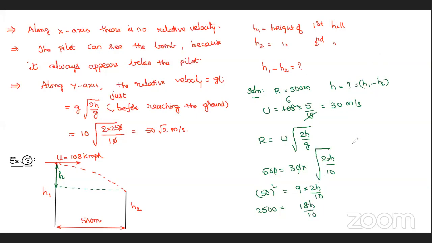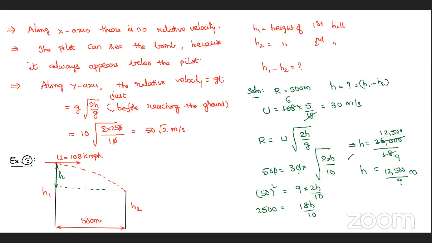That implies H is equal to, by cross multiplication, 25,000 by 18, that is 12,500 by 9. So H is equal to 12,500 by 9 meters. This is 100% correct.